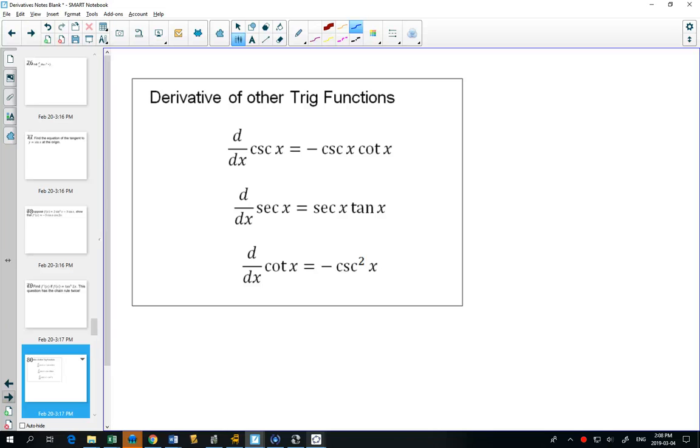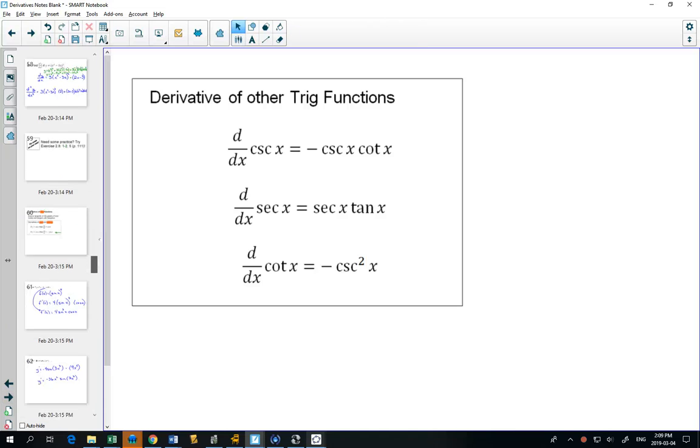It's not hard to find the derivative of 1 over cos. And it's not hard to use the quotient rule to find the derivative of cos over sine. These are just simplified versions of that. So with these ones, you can either memorize them or deduce them. Okay, but that's a sneak preview.